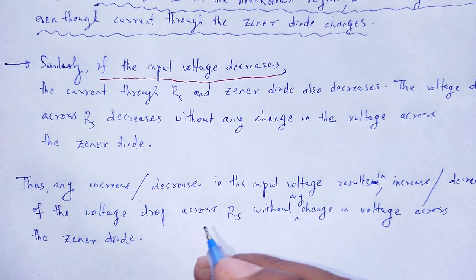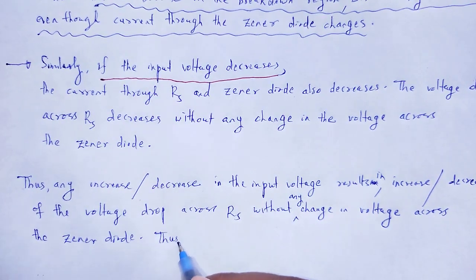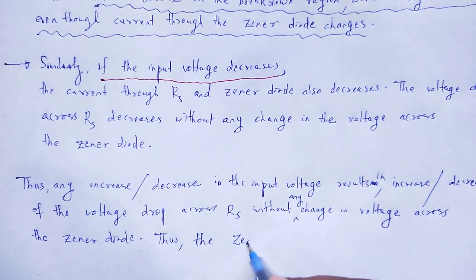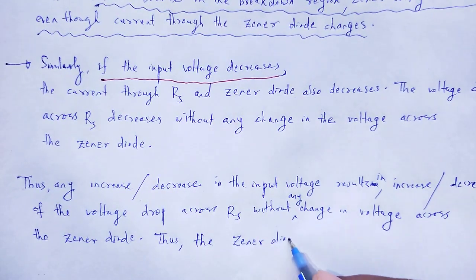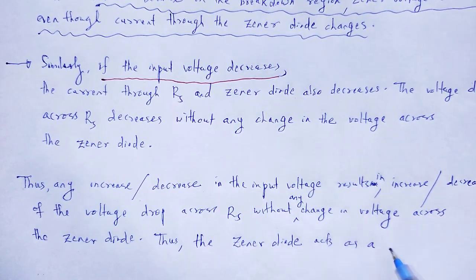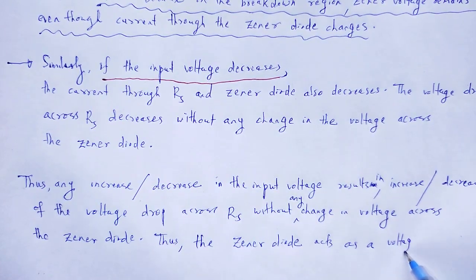Thus, the Zener diode acts as a voltage regulator.